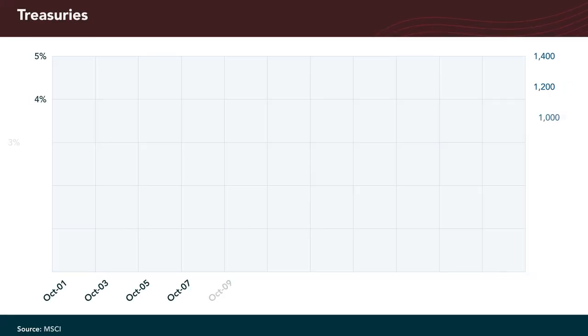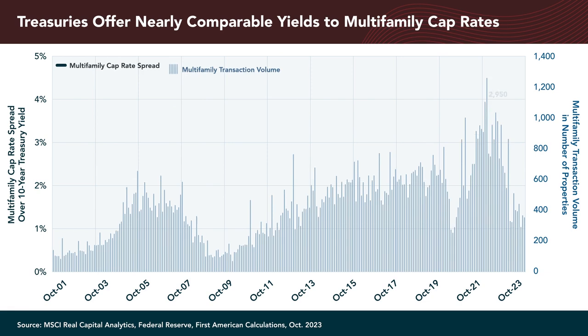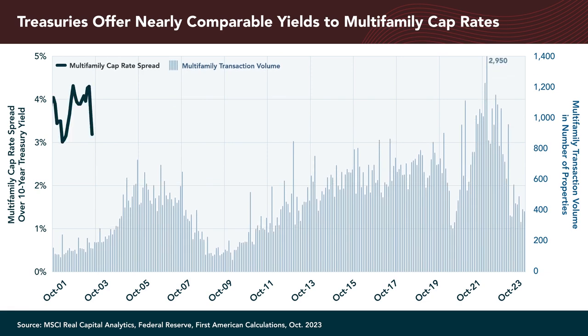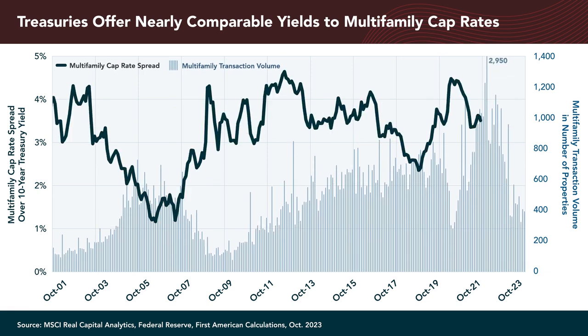A common way to compare two income-oriented investments is using rate spreads, which is the difference in interest rates on two separate investment options. So let's take a look at the spread between multifamily cap rates and U.S. Treasury bonds, which are typically considered to be risk-free or low risk because they're insured by the federal government.